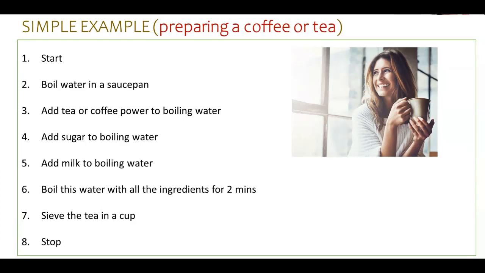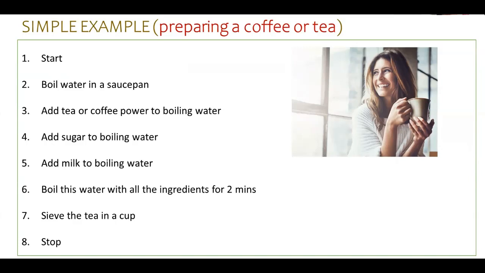After that, we have to boil this entire mixture of tea or coffee powder along with sugar and milk for another 2 to 3 minutes. Now your tea or coffee is ready. Now you have to serve this coffee or tea in a cup. Now the process is ended.